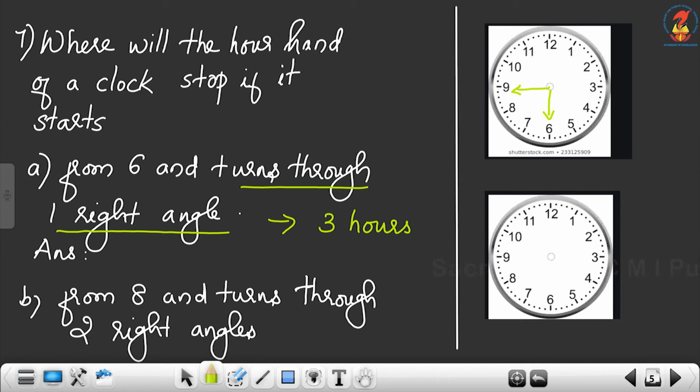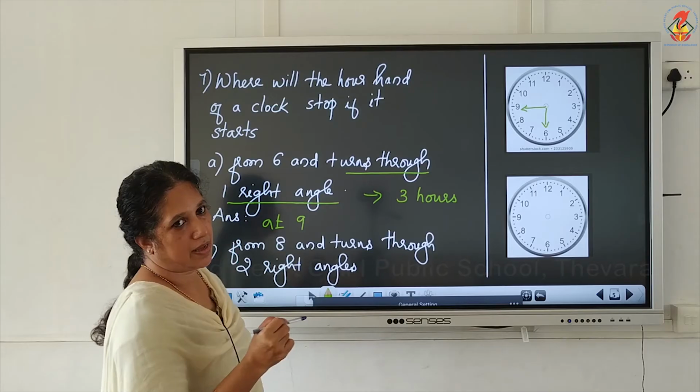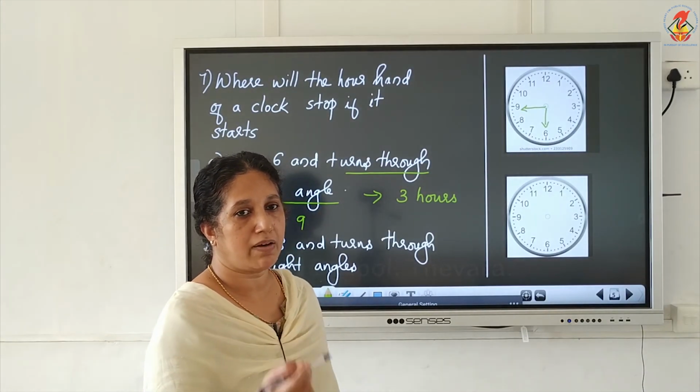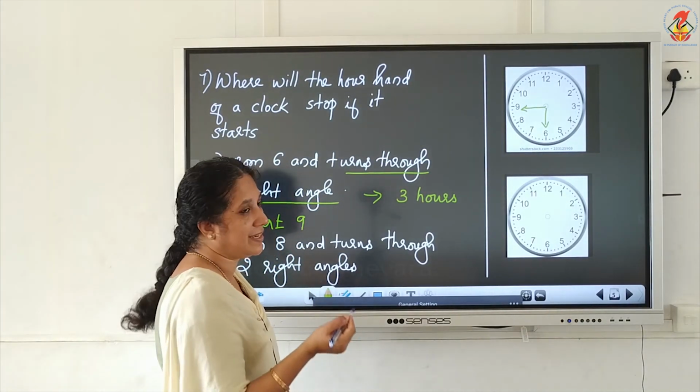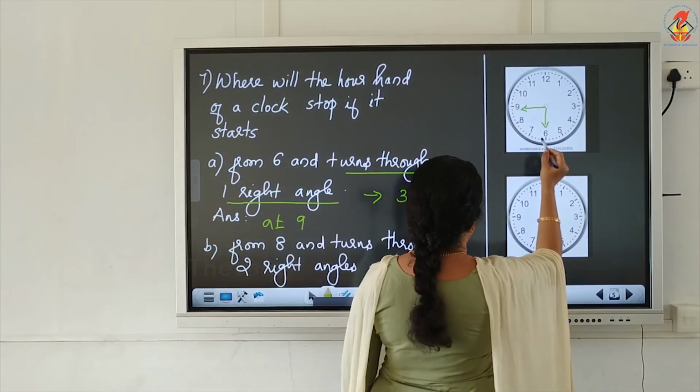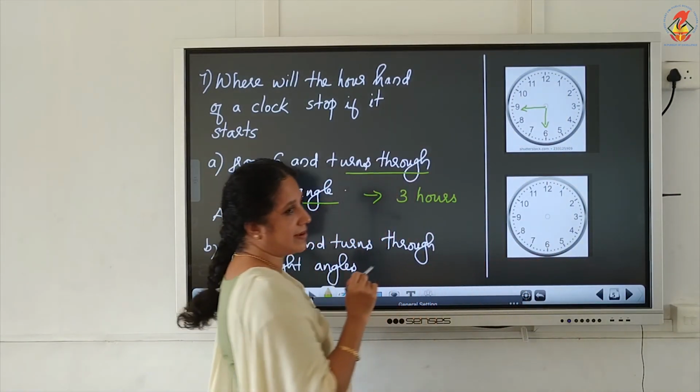So where will it stop? It will stop at 9. So if the hour hand turns one right angle, the number of hours passed by the hour hand will be 3. Therefore, from 6 you can count and you will get the answer as 9.